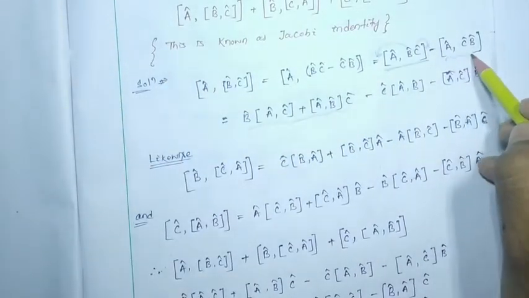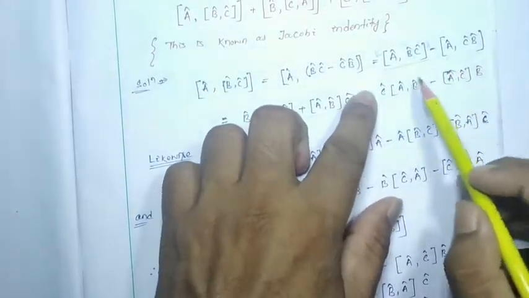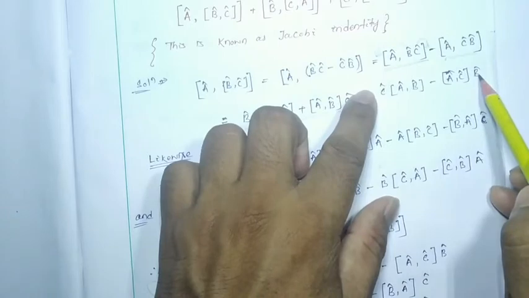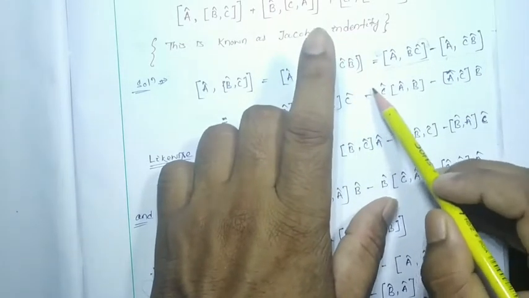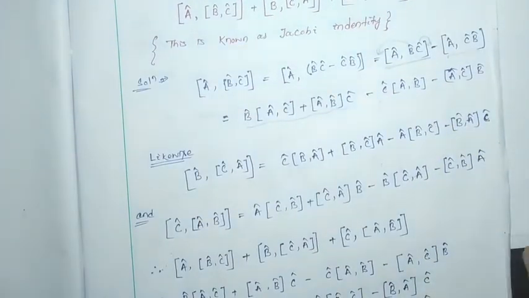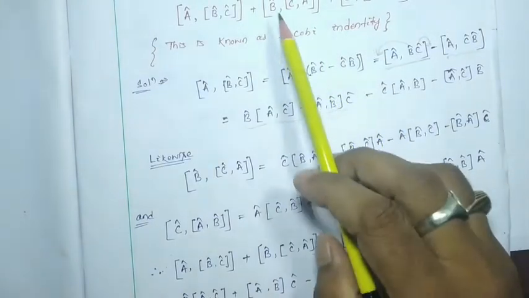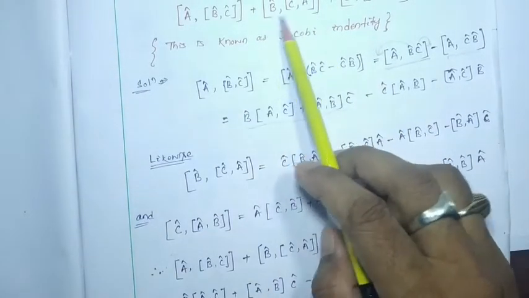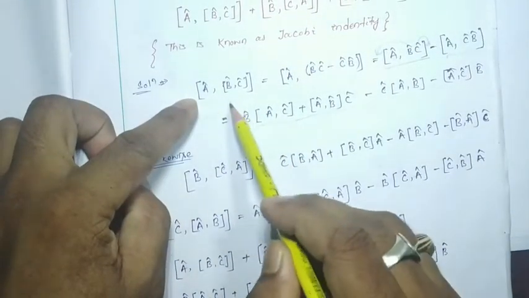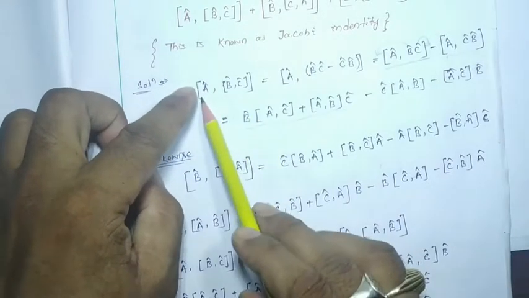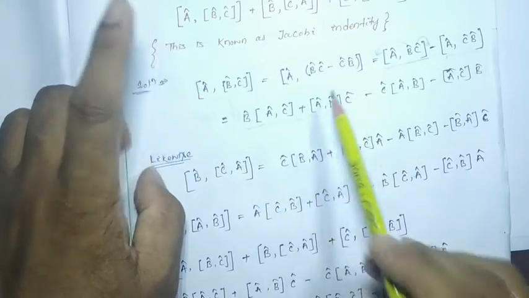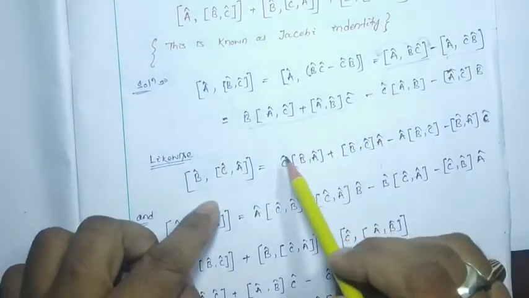Likewise, this can be written as c cap a cap b cap plus a cap c cap into b cap, and as minus is there, it will be minus and this will be minus. Likewise, for b cap c cap a cap, b cap came to the initial, then a cap c cap, then c cap goes to the right side and a cap b cap. This format we have to consider over here.